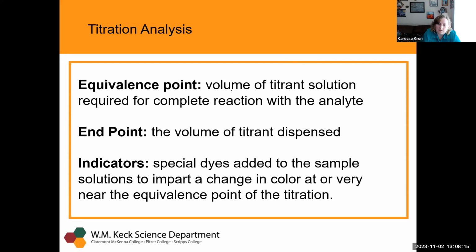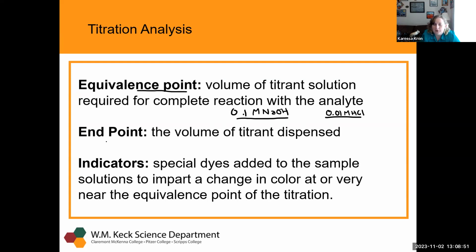So if we start here with a 0.1 molarity NaOH, and in our beaker we have a 0.01 molarity HCl, then in order to get to this equivalence point, we're going to need to add some amount of NaOH. The exact amount to balance this out is called the equivalence point.